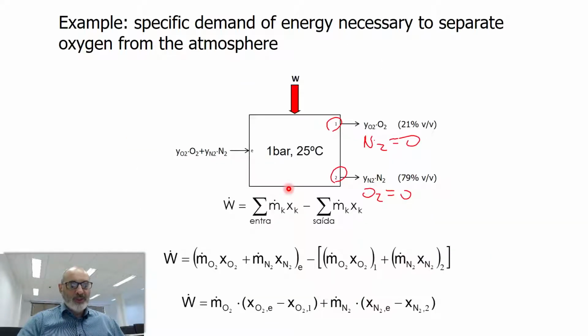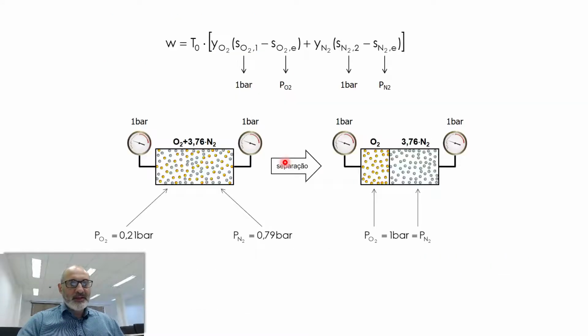I'm going back 2 slides. The total pressure is going to remain constant, so when we separate, we still have 1 bar. But now I have O2 separated from N2, and the temperature is the same, but the pressure is not. The pressure submitted to O2 is now 1 bar, because it's separated from N2.